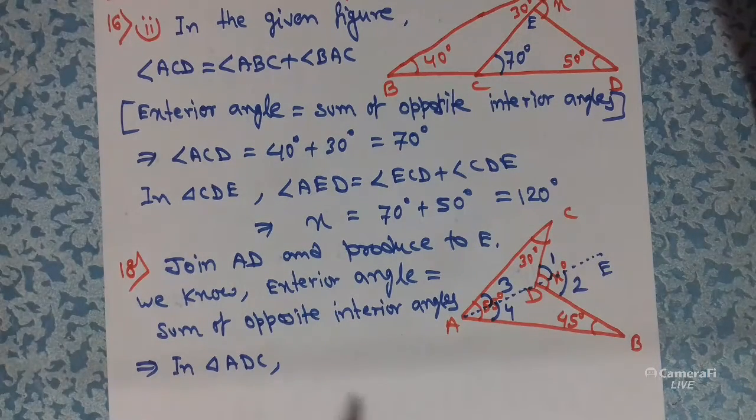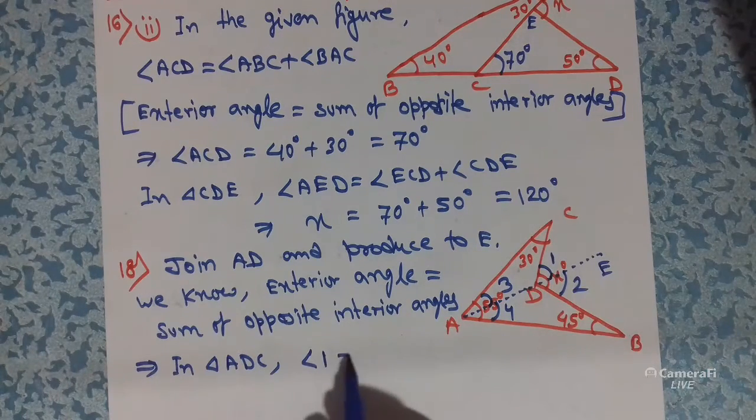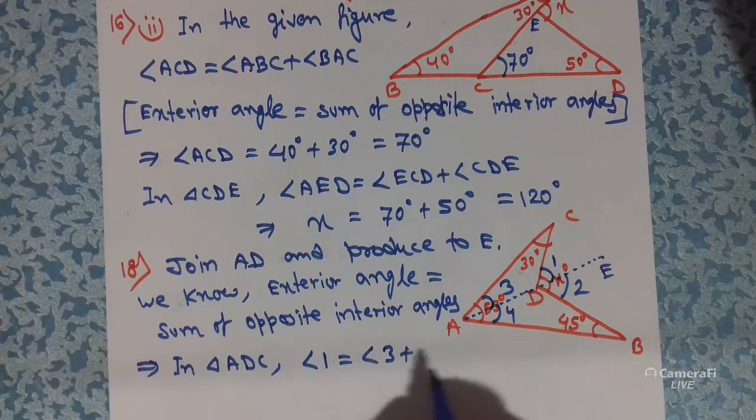So here students, in triangle ADC, exterior angle CDE, angle 1 is equal to angle 3 plus 30 degrees.